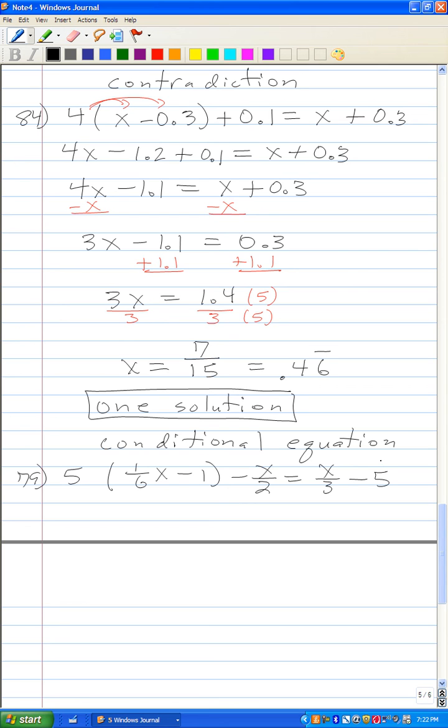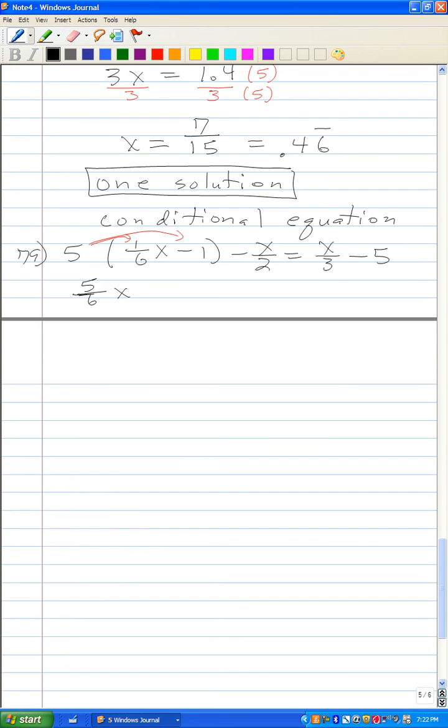Let me multiply 5 inside the parentheses. And so I get 5 over 6x minus 5 minus x over 2 equals x over 3 minus 5.